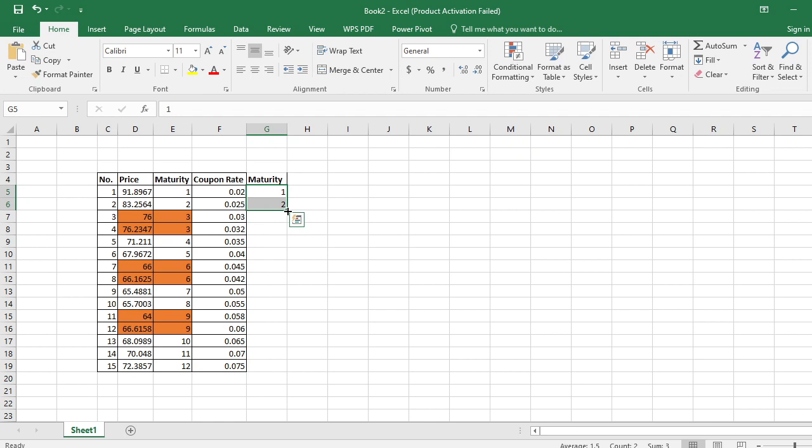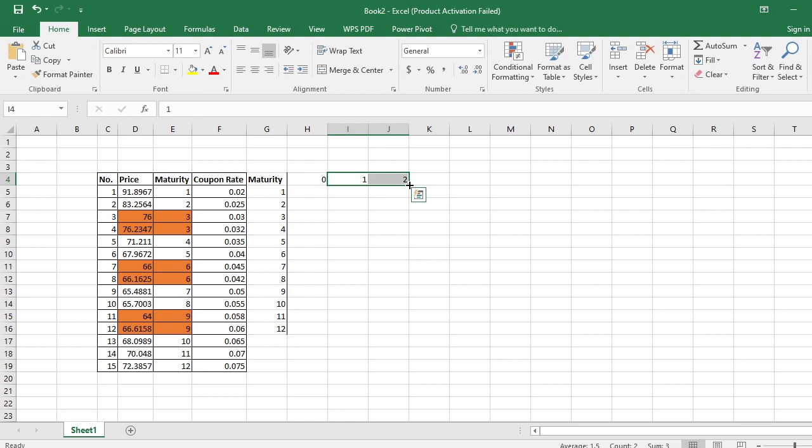First I have to draw the cash flow out of these bonds. Time 0, 1, 2. Maximum maturity is 12 years. These are annual coupon bonds, you can say.